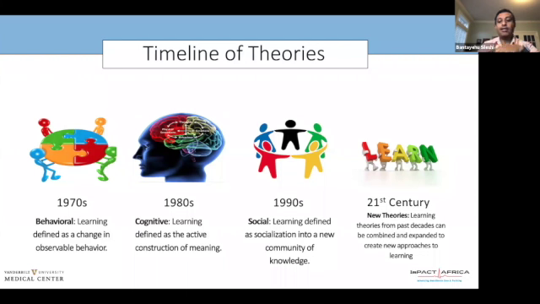And then in the 90s, people focused on social learning, defining learning as a socialization into a new community of knowledge. And then in the 21st century, there have been a lot of new theories that have combined things that people knew from past decades to expand to new approaches to learning.